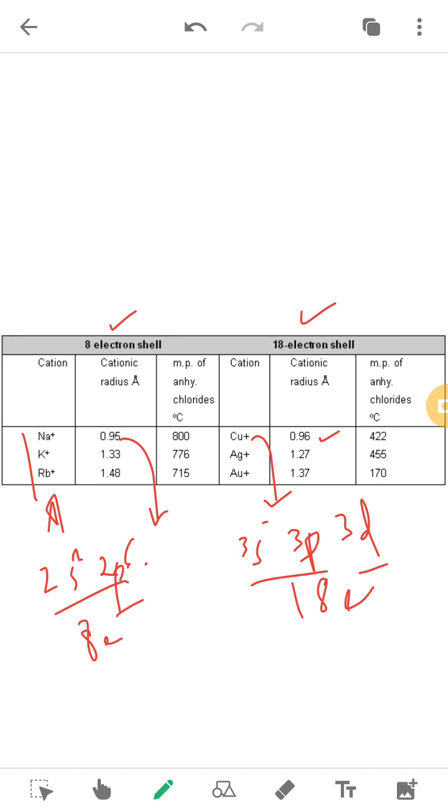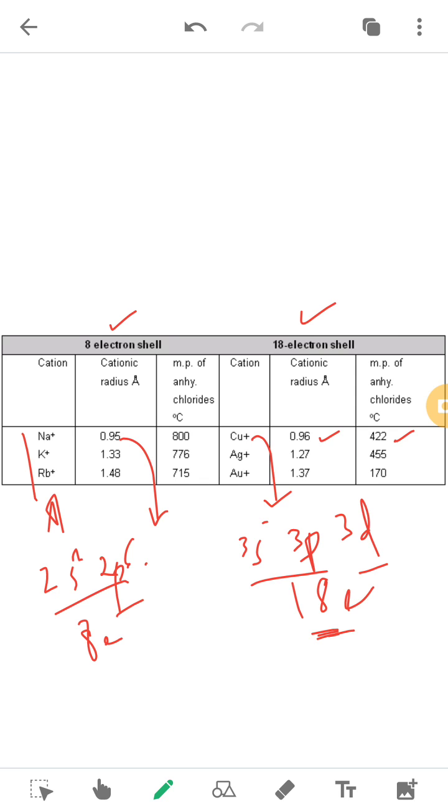The one having 18 electrons in its outermost shell will have a lower melting point, 422 degrees centigrade only. That is because it is able to deform the anion quickly.